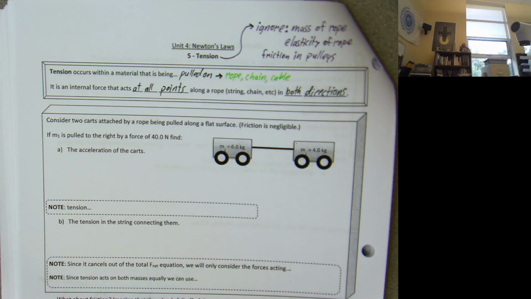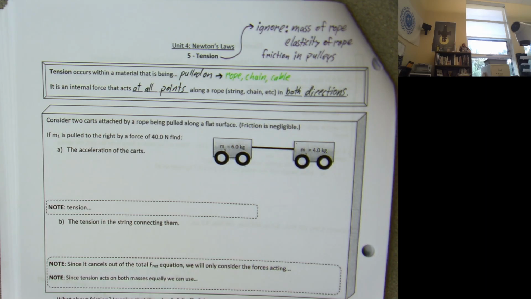Okay, two blocks. Let's put the blocks on the floor right here. The blocks aren't separate, the blocks are together. And we're going to start pulling on these things.